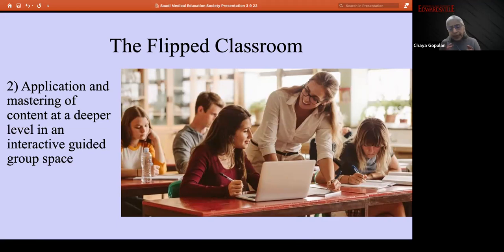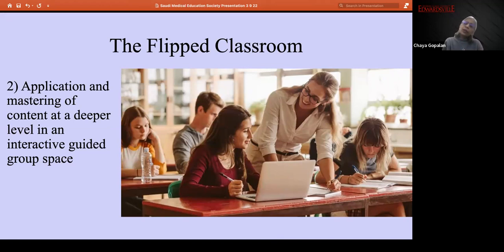So that kind of application, analysis, and then give them an opportunity to summarize everything, reconstruct the hormonal pattern, where it is secreted, how it's regulated, all those things. That is synthesis. That happens in a guided group space. Instructor has the problems that are designed to encourage students' thinking.